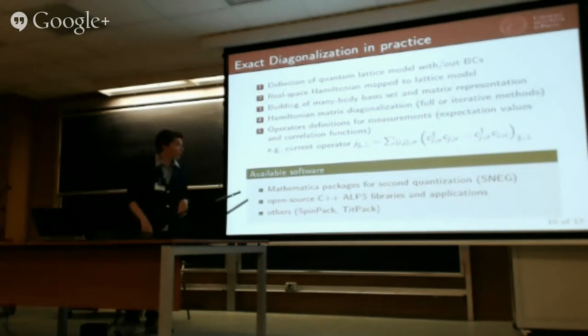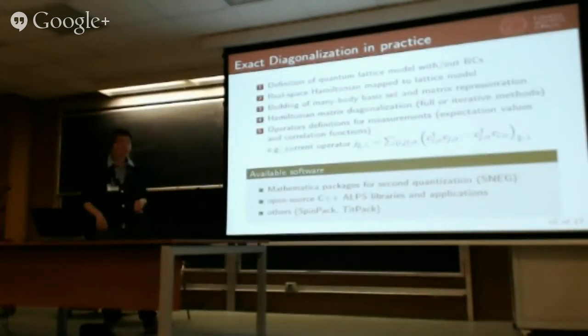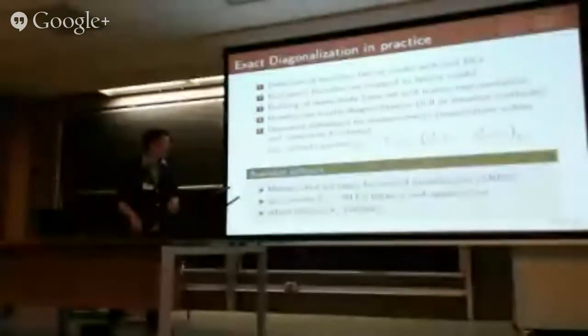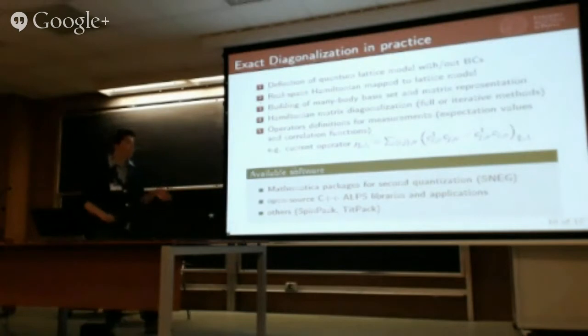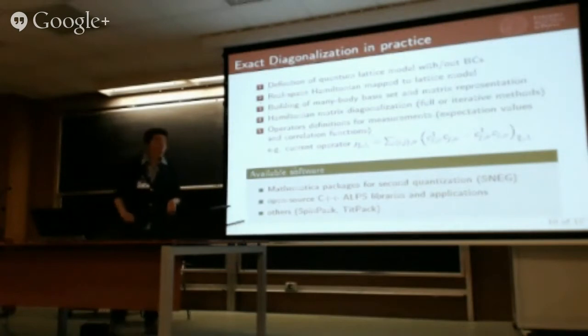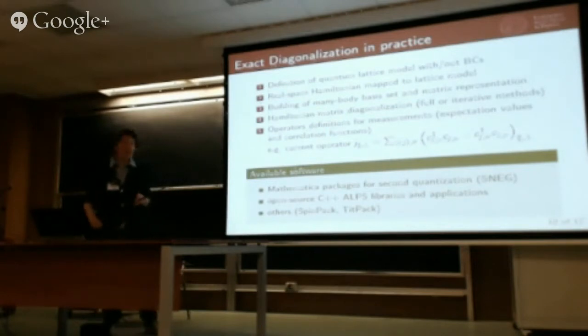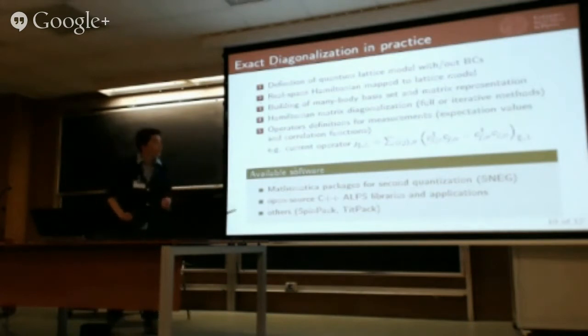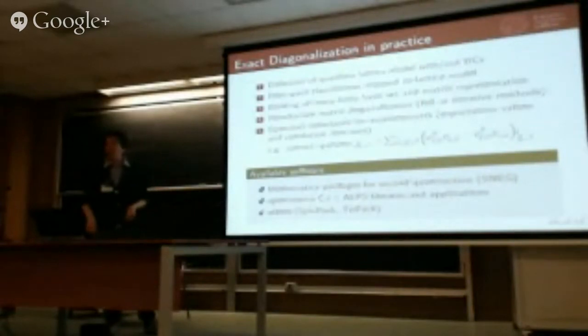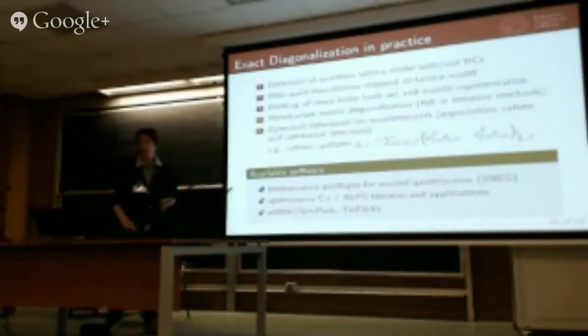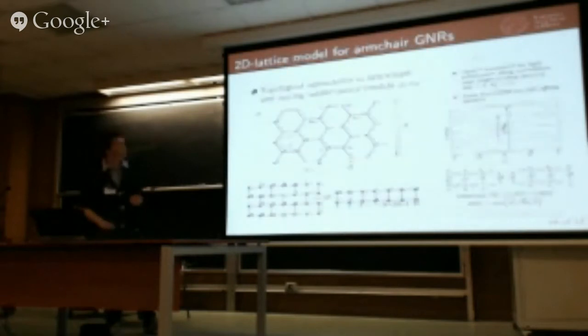For my calculation, I could rely on mathematical packages for second quantization algebra and the open source C++ ALPS libraries, which is an open source suite comprising several types of codes: exact diagonalization, density matrix renormalization group, quantum Monte Carlo, and so on. Of course, for addressing larger size systems with 12 or 14 sites, I could benefit from the high-performance computer resources hosted by the CINECA Consortium.